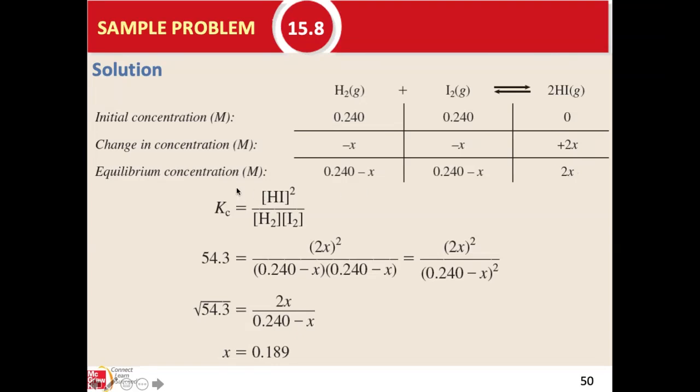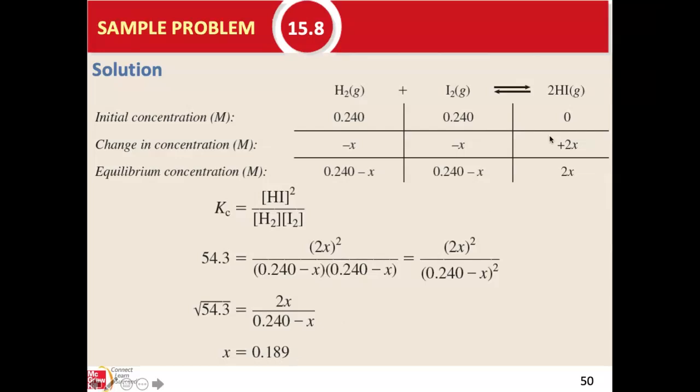Then we write the Kc expression using this reaction, substituting everything given to us. We solve this equation in terms of x and find x. So x is equal to 0.189.